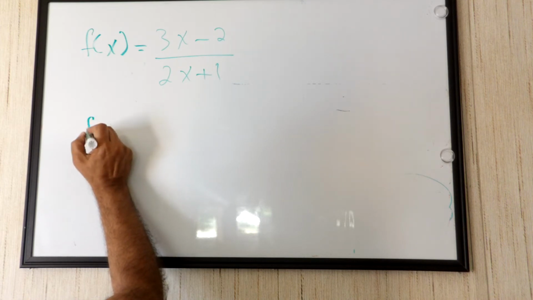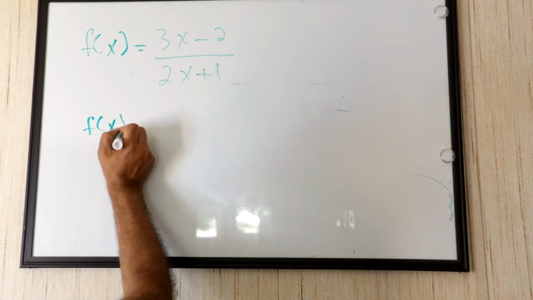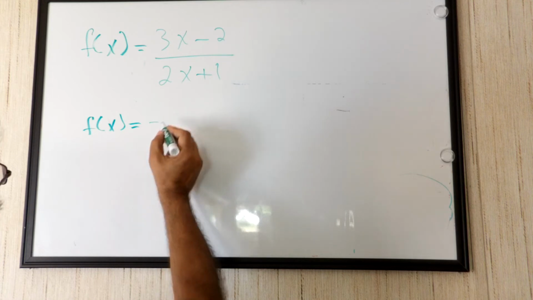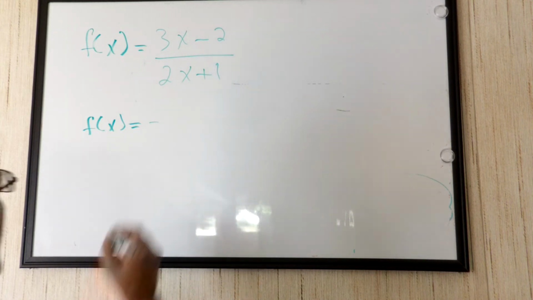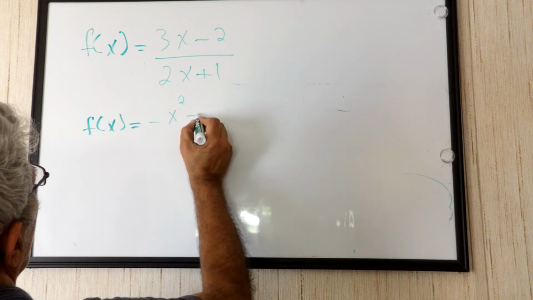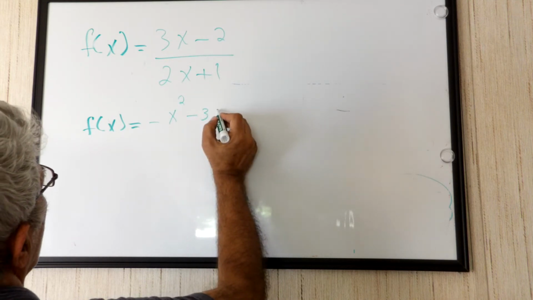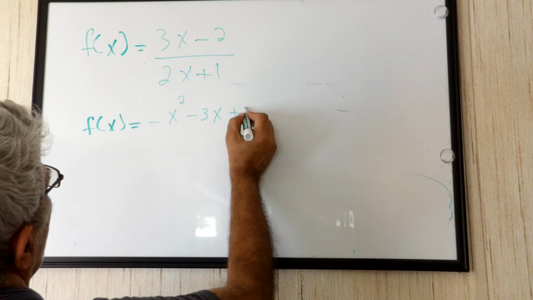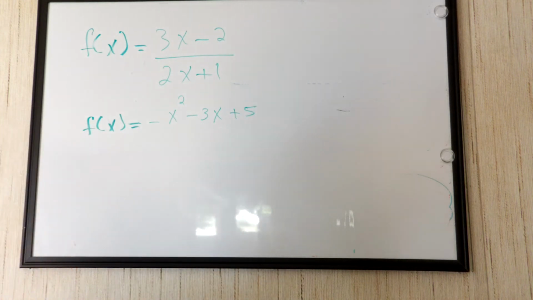Another example, let's say f of x is equal to minus x squared minus 3x plus 5.